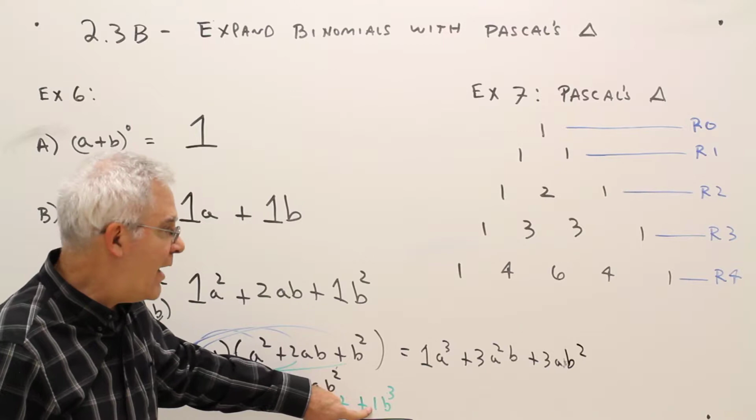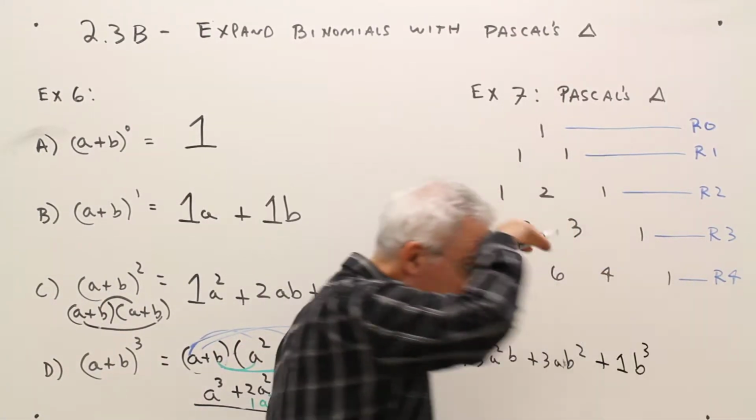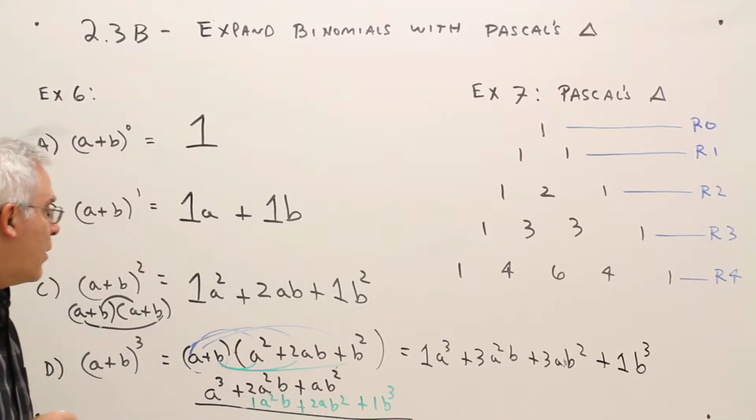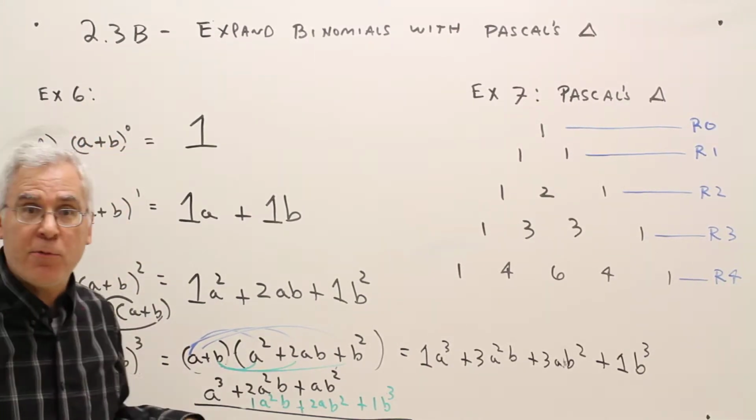Plus 1b cubed. Whew. Okay, so that was just expanding to an exponent of 0, 1, 2, and 3.